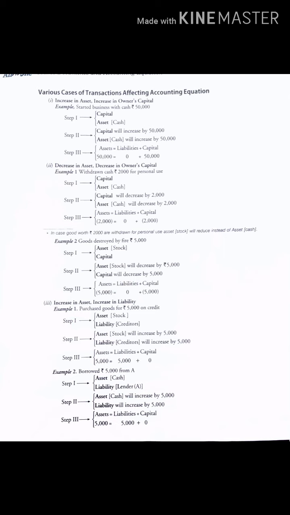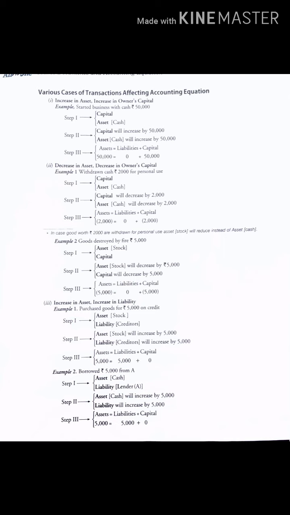Okay. Now let's take one more example of the same kind. The second example is borrowed rupees 5,000 from A. So what is the condition? Now again I will ascertain my variables. If I have borrowed from A, what is the case? My asset is increasing. What is coming to me? Cash is coming, right? Now A is what? Lender. So it is my liability.